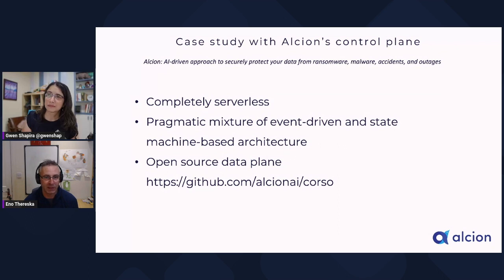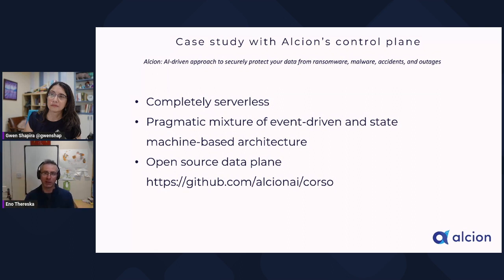The data plane is open source, and we engage with the community to develop that. It's called Corso. And the data plane deals with a whole bunch of interesting things around movement of data, just the actual flow of the bytes whenever you're doing a backup. And it has a whole bunch of really neat things around deduplication and encryption and verifying that the data is correctly moving and so on and so forth.